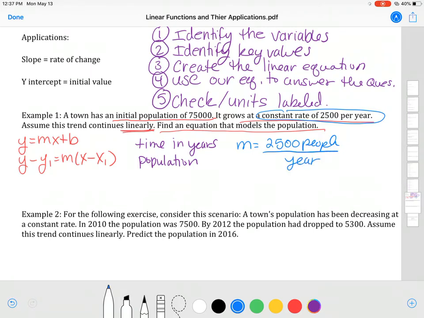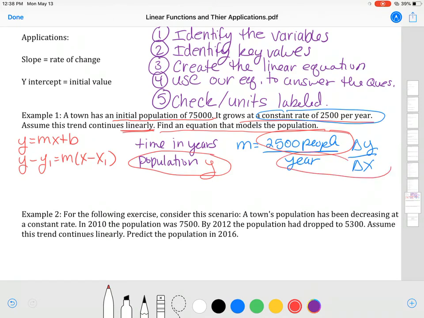We also know that the slope is the change in y over the change in x. So by giving us the rate, we can quickly identify what's y and what's x. If this is the change in y, then the population is going to be my y, and the change in x is going to be my years, so x is going to be my time in years.